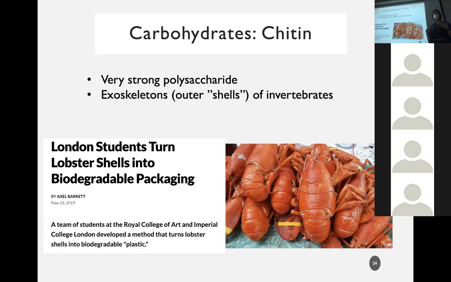So chitin is totally natural and biodegradable. Rather than using, say, plastic, they used some of the exoskeletons and started making biodegradable packaging. I don't know how they did it because I didn't actually read most of the article, I just found it. I should look into how far that's gotten, if it's gotten any traction, but I thought that was particularly interesting.